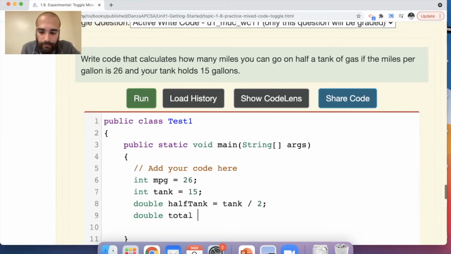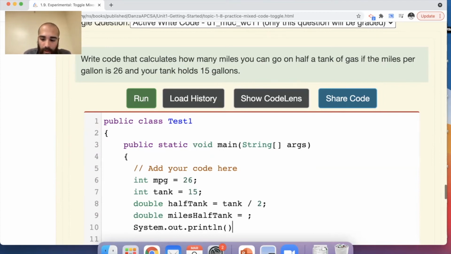I don't know, I'll say total miles, I'll say miles half tank. And at the end, I'm just going ahead of time, System.out.println, and I'm eventually going to print out miles half.